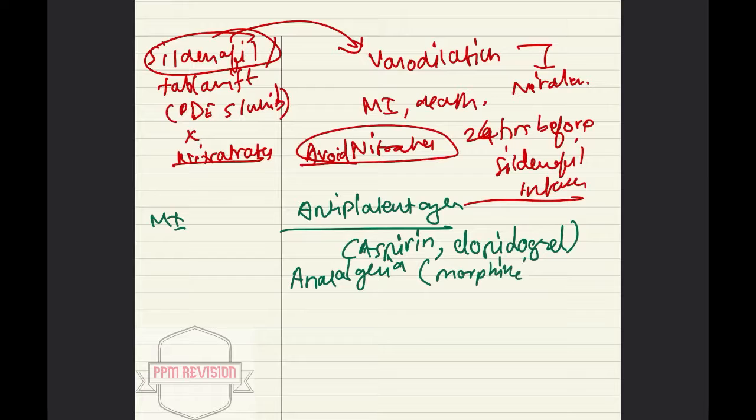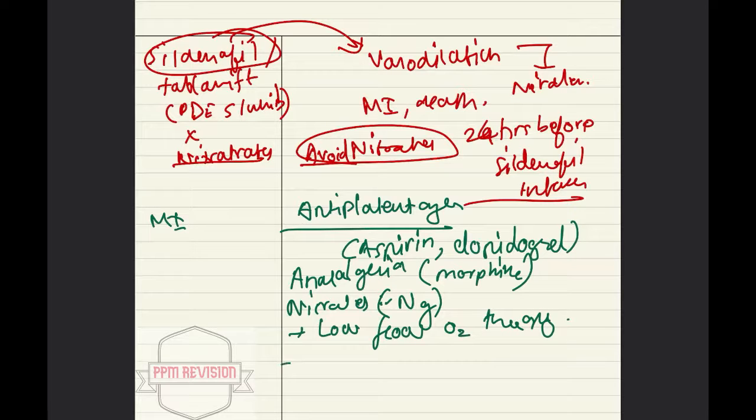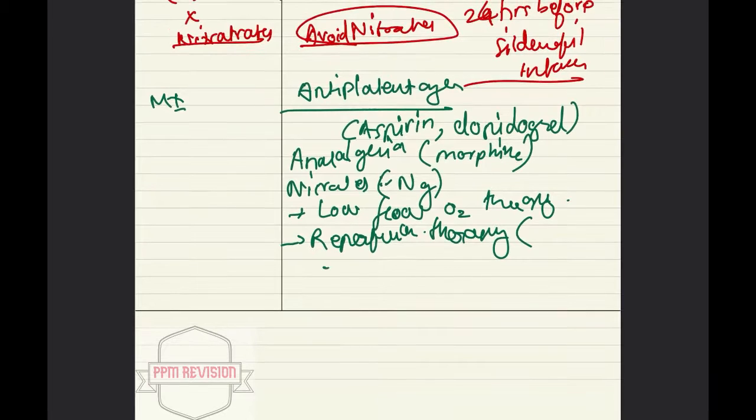Also you can use nitrates, it can be IV nitroglycerin, and low flow oxygen therapy, and reperfusion therapy, which is primary percutaneous coronary intervention or thrombolytic therapy.